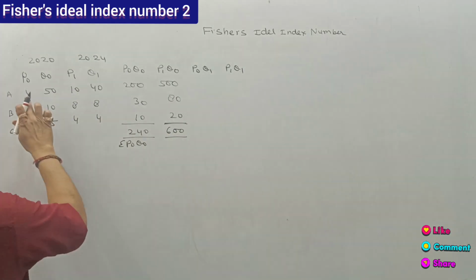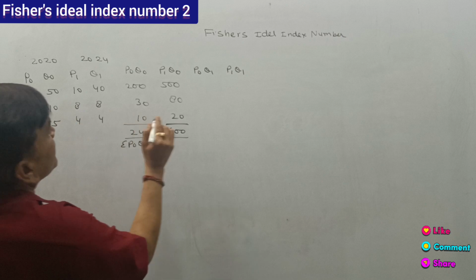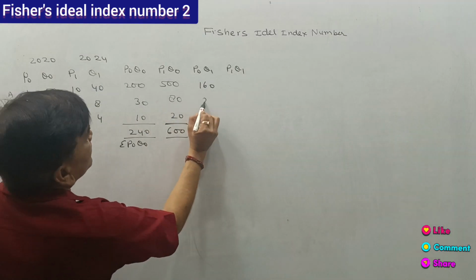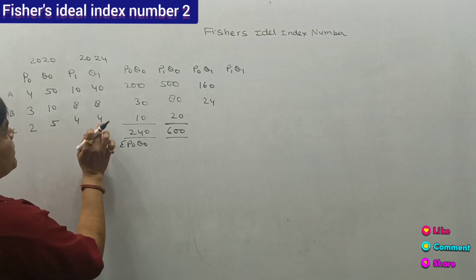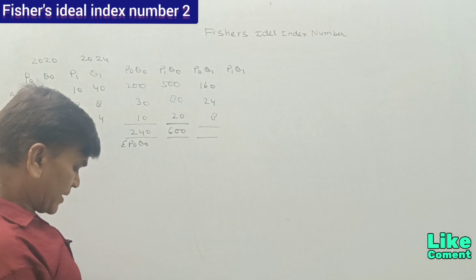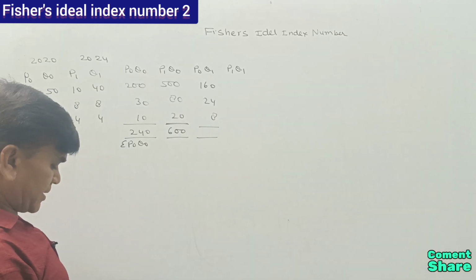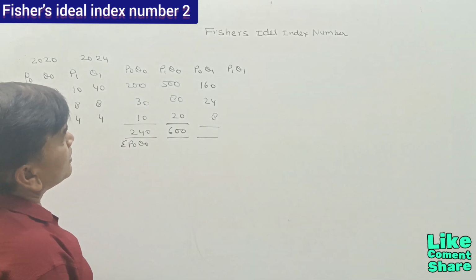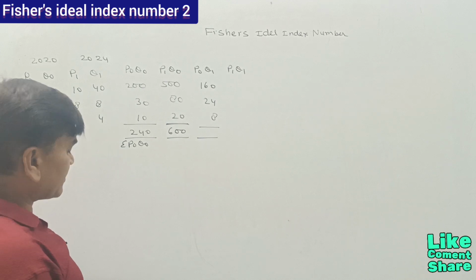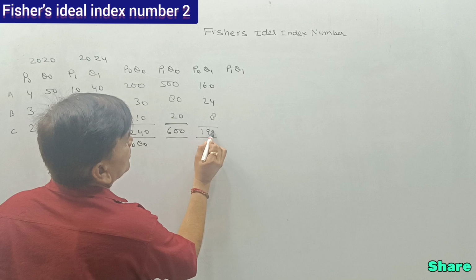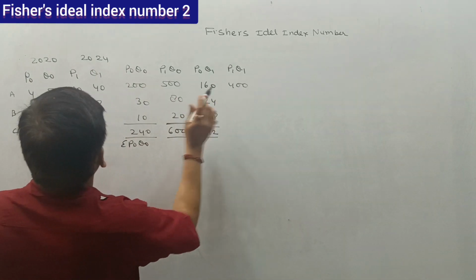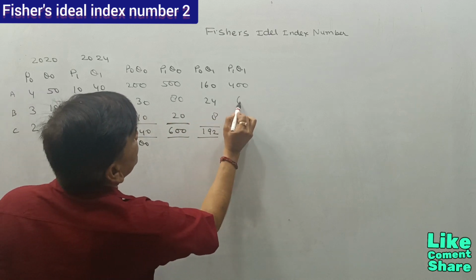Third one, P0 and Q1. 4 multiplied by 40 is 160. 3 multiplied by 8 is 24. 2 multiplied by 4 is 8. So 160 plus 24 plus 8 is 192. Next one, 10 multiplied by 40 is 400. 8 multiplied by 8 is 64.